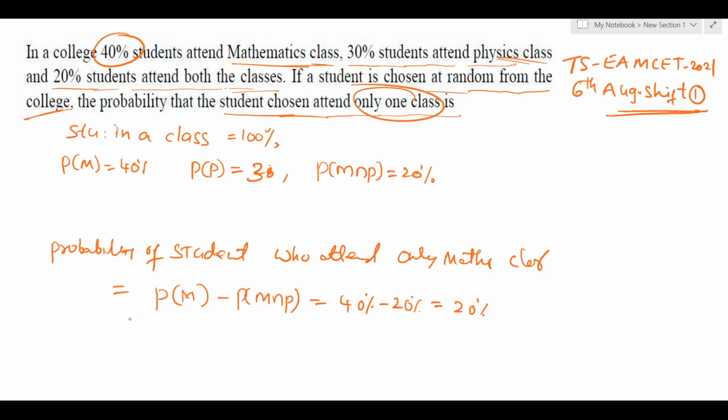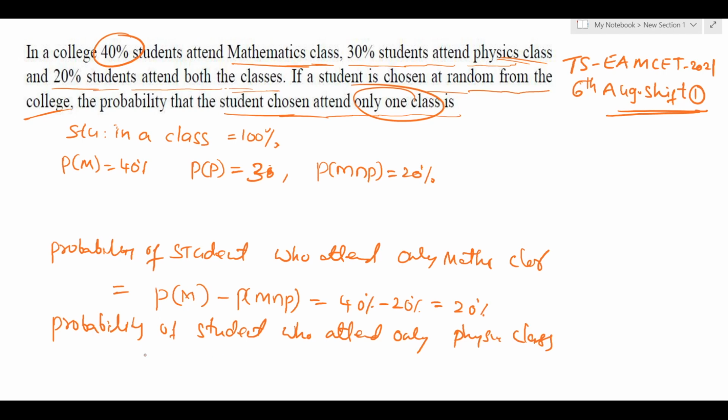And the probability of a student who attends only physics class is P of P minus P of M intersection P, that is 30% minus 20%, which is equal to 10%.